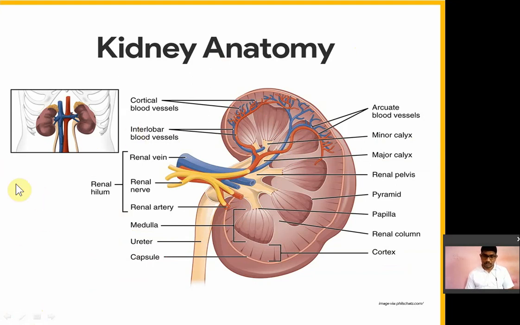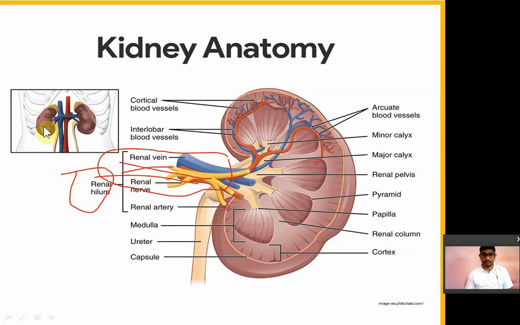Now the part where the renal vein, renal artery and nerve supply are present, the area where there is nervous supply as well as blood supply and blood drainage, is known as the renal hilum.